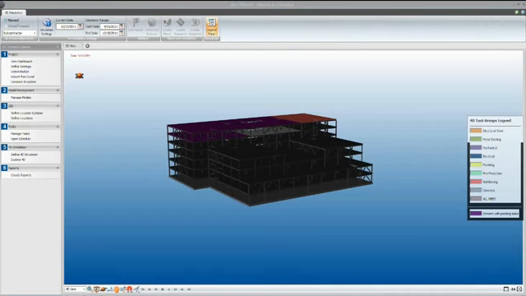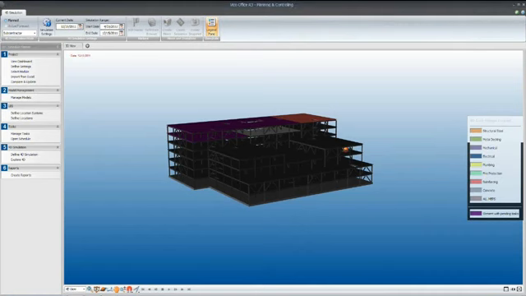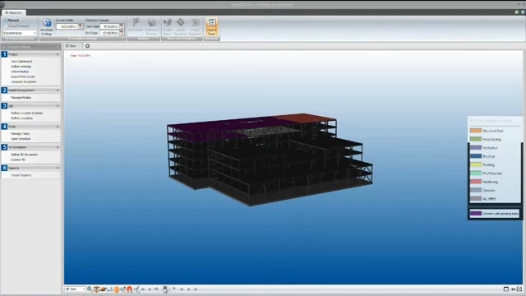And once you've actually begun tracking your actuals as part of the controlling phase, we can then go back into the 4D simulation and visualize the degree of completion and analyze the rate versus the plan.